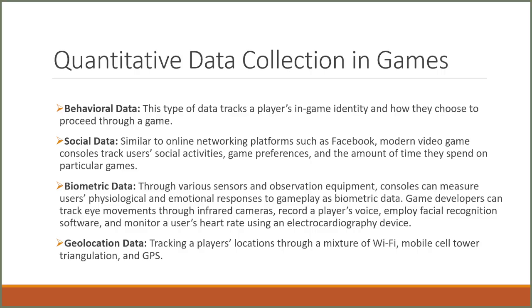So the things that we can track are things like deaths, item purchases, time spent on a specific level, or even heat maps showing where players tend to get stuck. The purpose of all of that is it allows developers to use this to balance the difficulty, which we talked about.